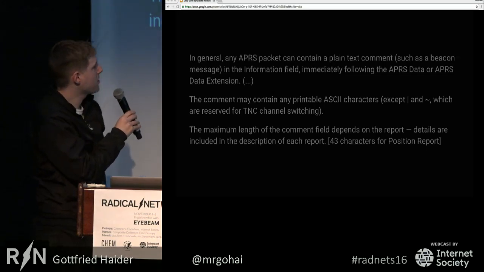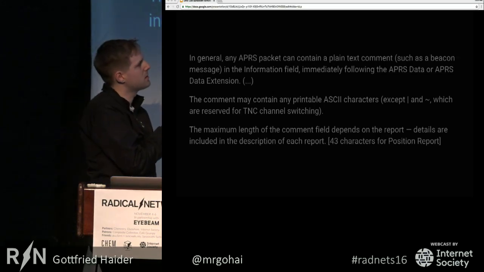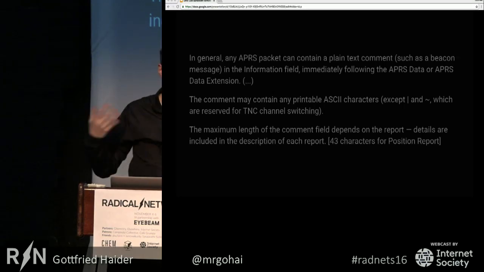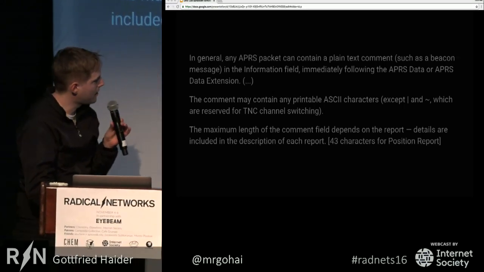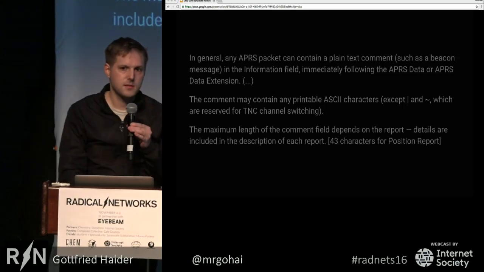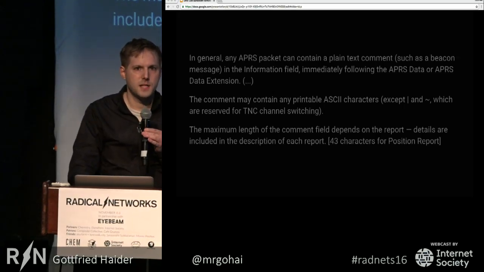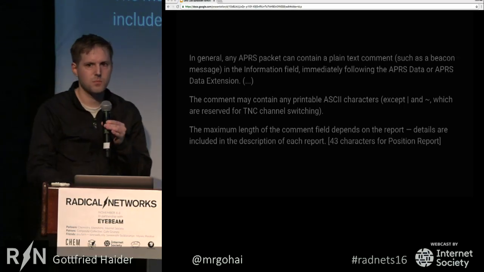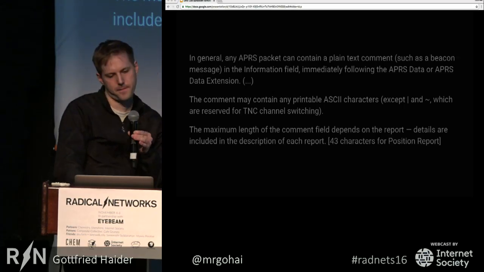The maximum length of the comment field depends on the report. Details are included, etc. So out of this information, you can learn that there are actually 43 characters that you can send, and it's etiquette to not send more often than once every 30 minutes.